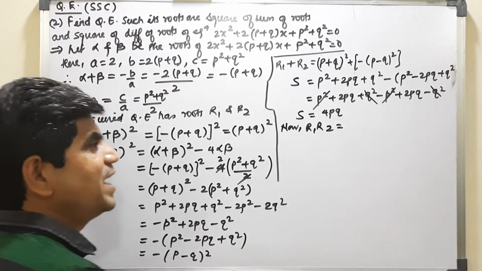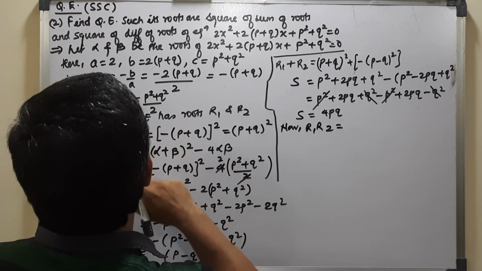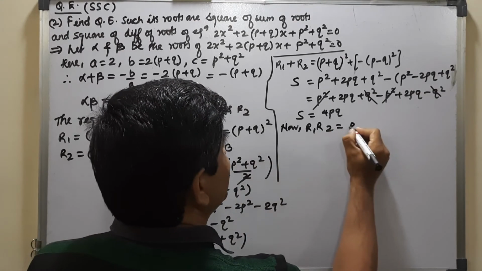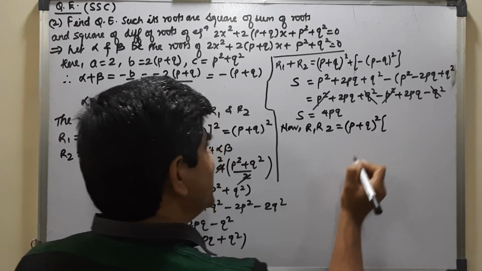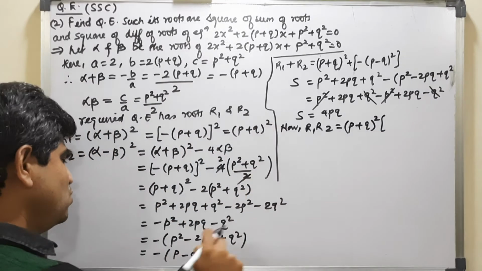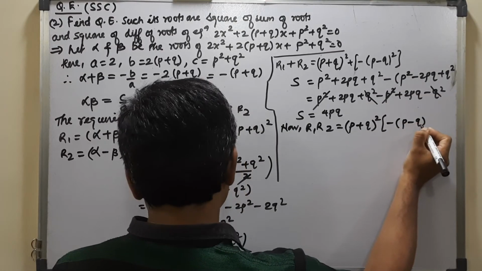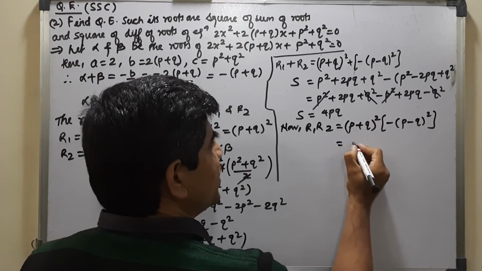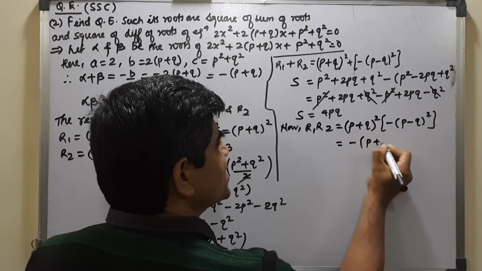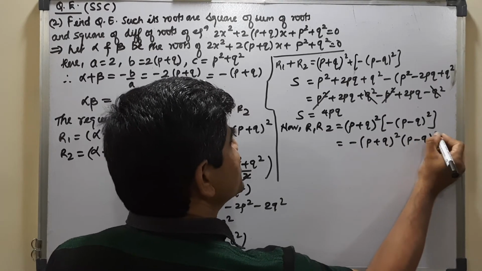Okay, and r1 r2 is now, r1 is this p plus q the whole square into r2 is minus into p minus q the whole square. So this is plus into minus is minus.